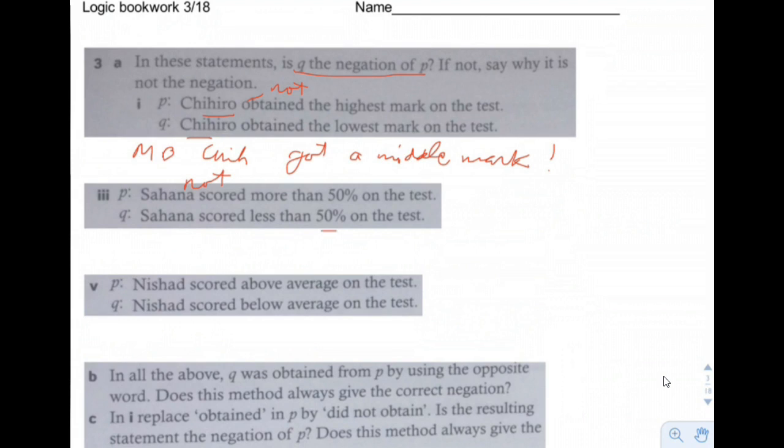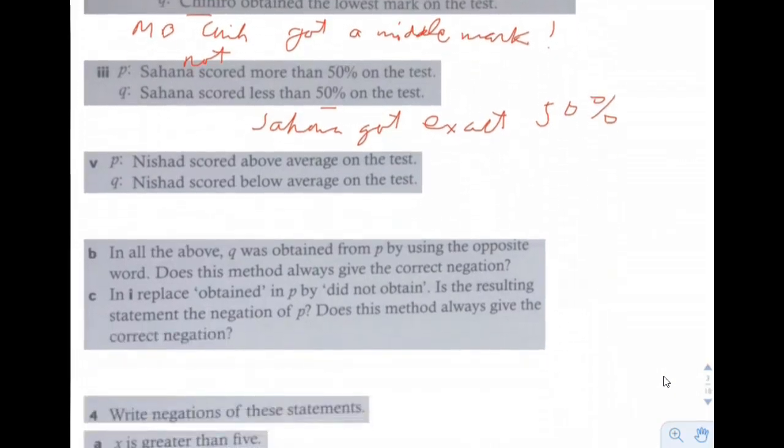What about Sahana got exactly 50%, right? That would also be a negation of P, but it's not included in Q. Okay. So you can see that rephrasing it is sometimes not the same as putting not in. Sometimes when you rephrase it, you end up changing the meaning a little bit.